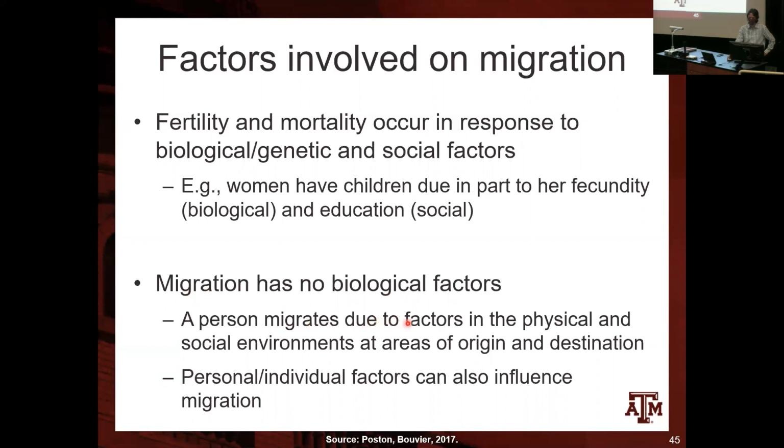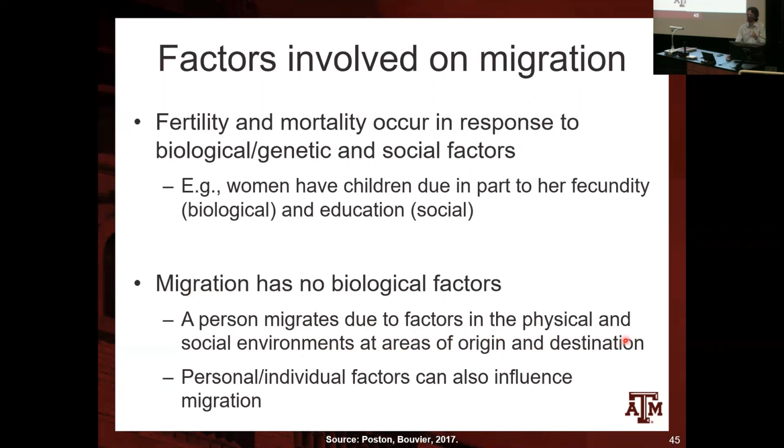A person migrates due to factors in the physical and social environments at both the areas of origin and destination. Personal individual factors can influence migration. You could also say that I'm looking at characteristics of areas of origin and destination. Those characteristics are related to the context.